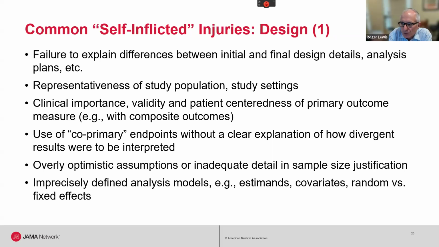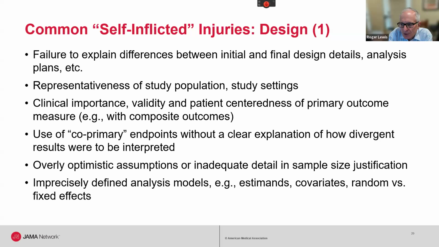The clinical importance, validity, and patient-centeredness of the primary outcome. Sometimes primary outcomes are chosen based on either historical practice or because the investigator or the sponsor thinks it's the thing that's most likely to respond. But you step back and you say, this isn't really what patients with the target condition really care about.